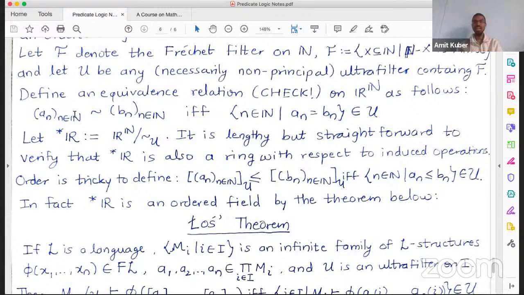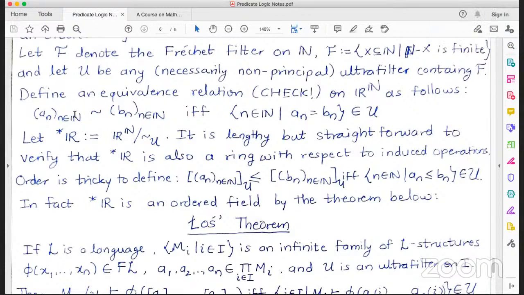It depends on whether even numbers form a large subset or not. If even numbers form a large subset, then that is in the same equivalence class as the constant one. On the other hand, if odd numbers form a large subset of indices, then that will be the constant -1 sequence.